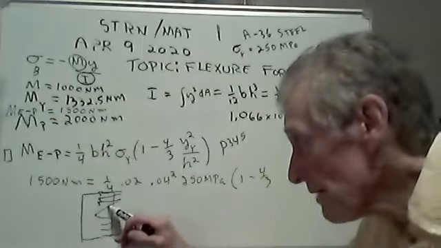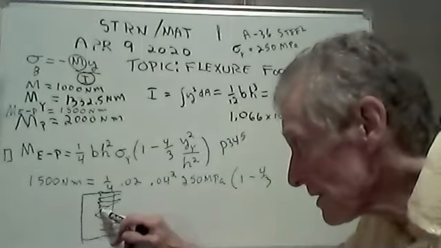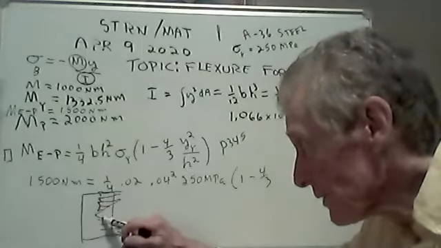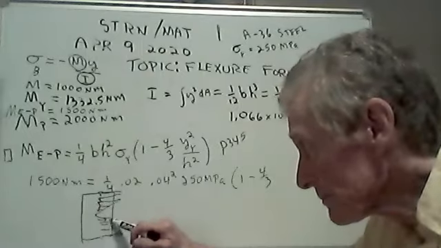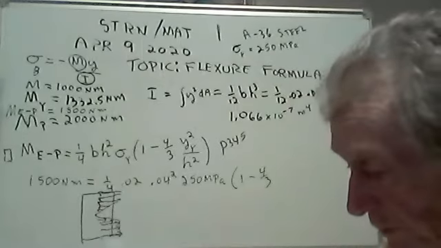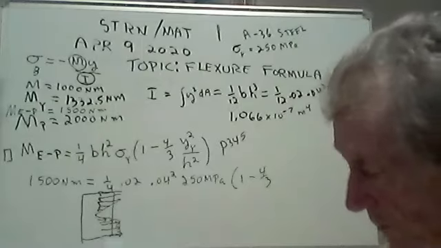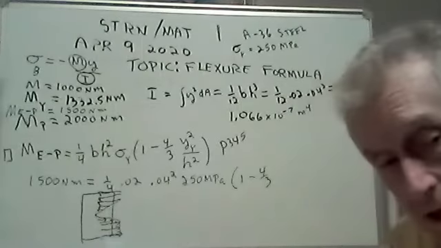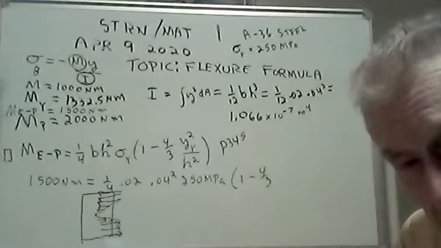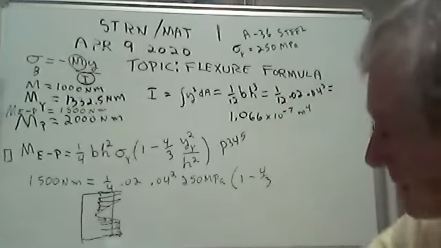You still have an elastic part in the middle. When we were doing the torsion formula, remember there was an elastic core. Remember that elastic core and the plastic annulus? Well, this is like that.